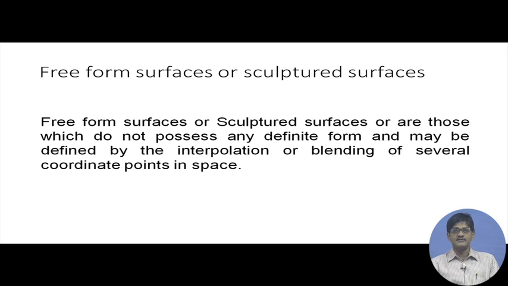I have some points in space, and by mixing up their coordinate values, I can define a particular surface, and I can place these coordinate points as I desire, so that I can change or modify these shapes if I so require. These are also called sculptured surfaces, free form surfaces, etc.